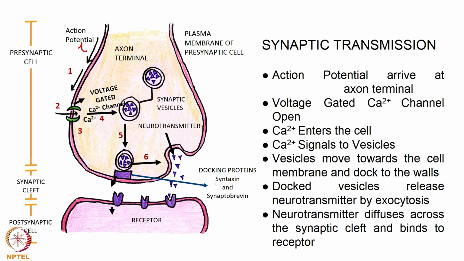By the action of the docking proteins syntaxin and synaptobrevin, the vesicle fuses to the membrane and then opens up on the outside, releasing the neurotransmitter by a process called exocytosis. We saw this in the previous class.